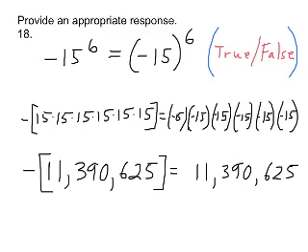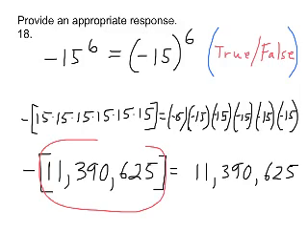Okay, I knew you wouldn't be satisfied with that, so I've gone and multiplied it out. 15 to the 6th power, or 15 times itself 6 times, is 11,390,625. Notice on the left side it's inside brackets, and on the outside of that is a negative.